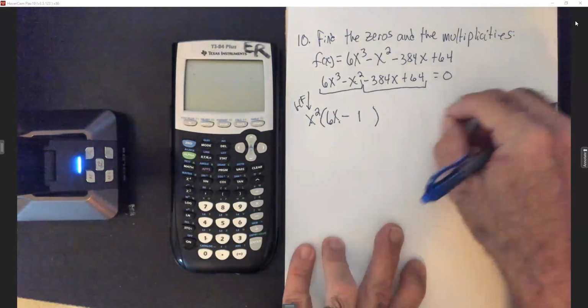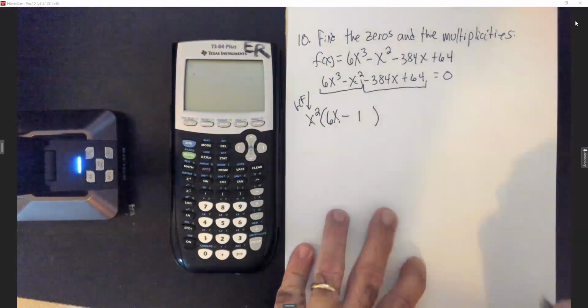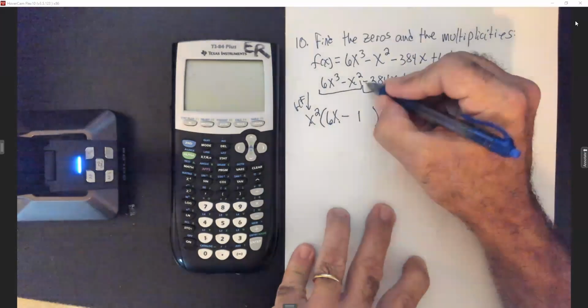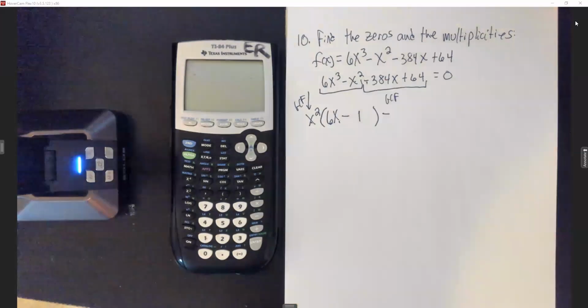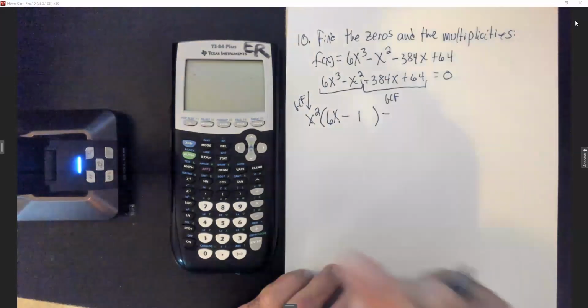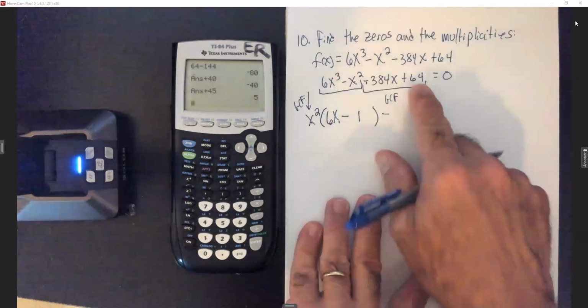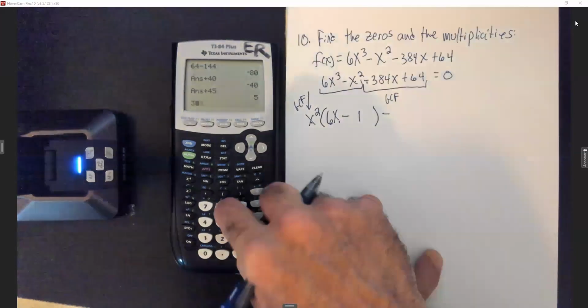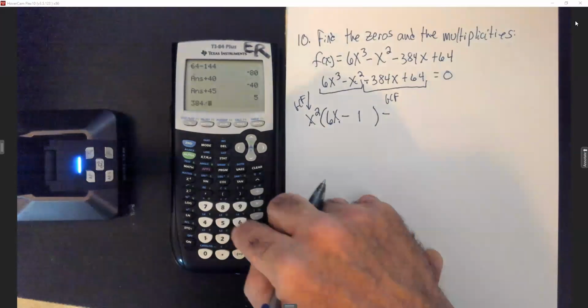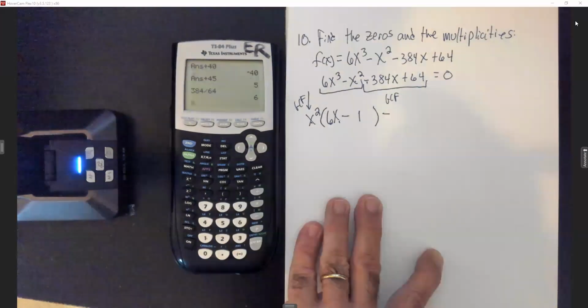All right, so the second GCF, we definitely know it's going to be negative like the third term. And then I'm going to try to do something. Let me see if this 384 will divide by that 64. Because I've got to try to get a 1 there. Oh, and it does, 6 times.